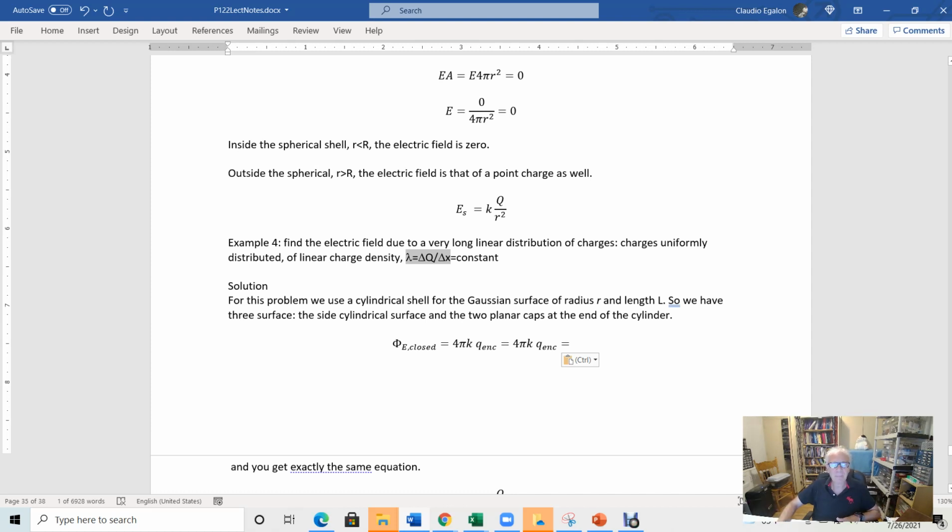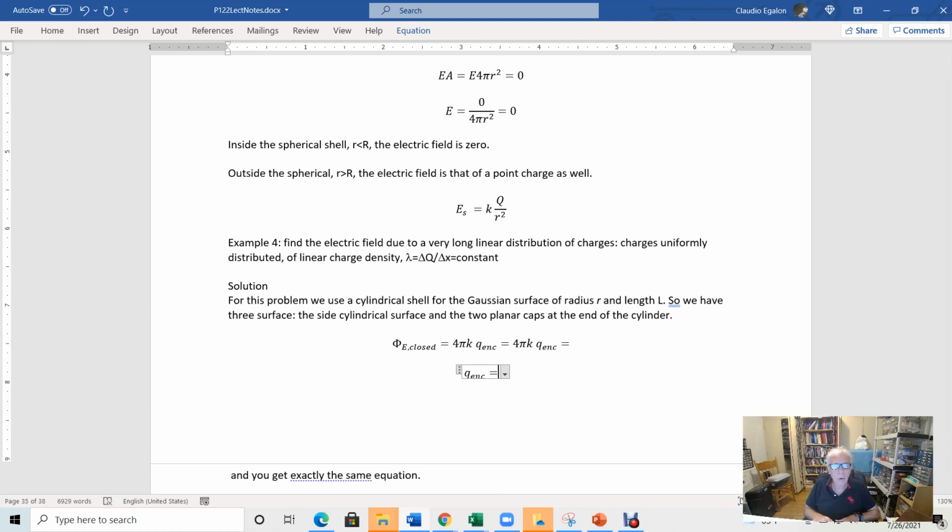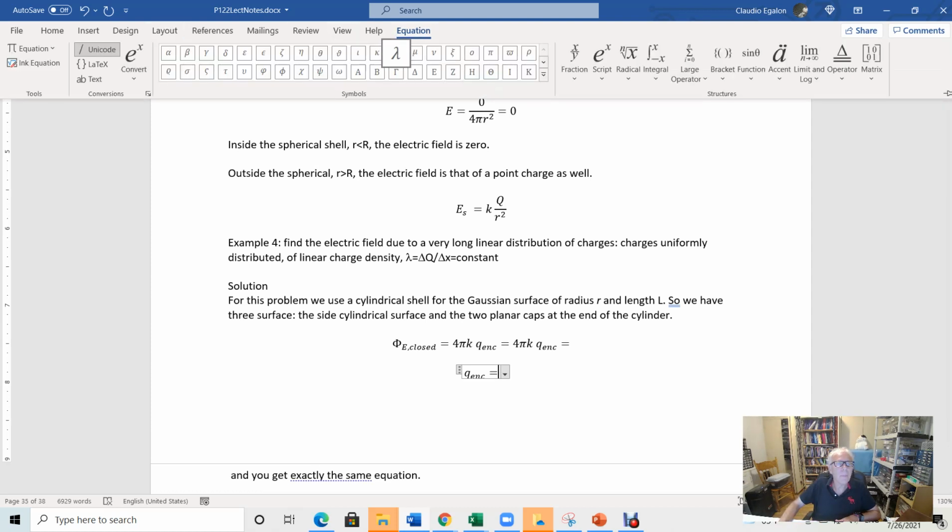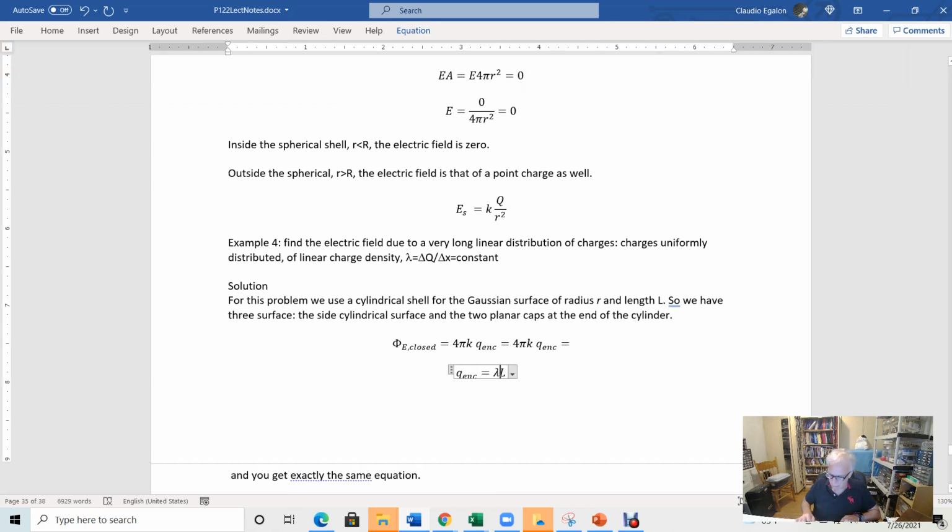Make sense? Okay, Q enclosed, let's write it down here below, is going to be equal to lambda times the length of my cylindrical surface, where this one here is known.